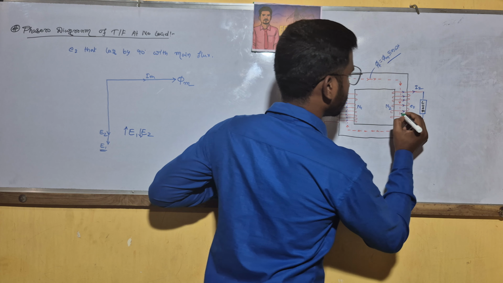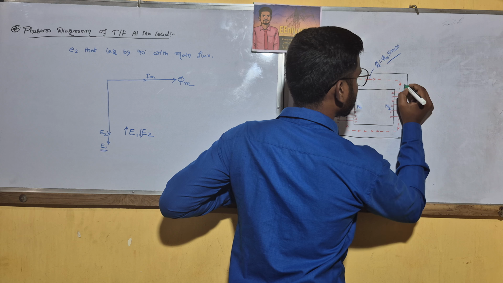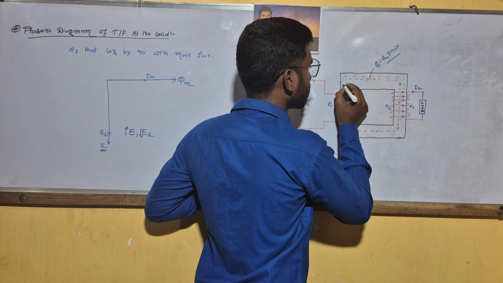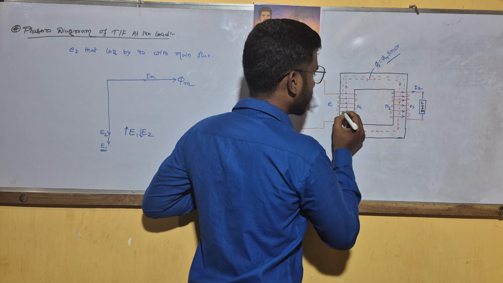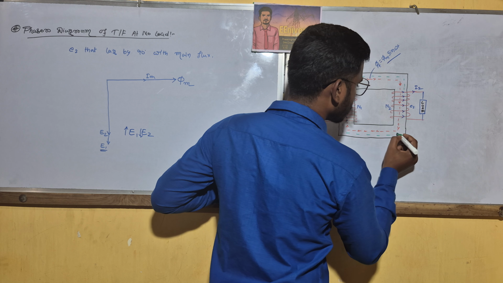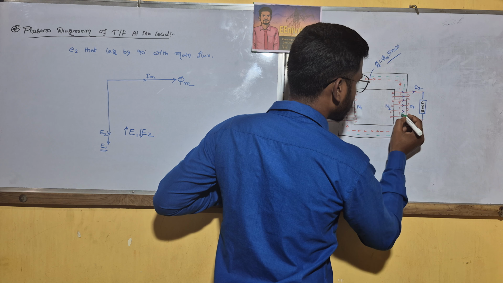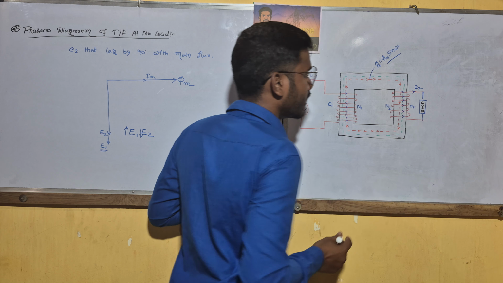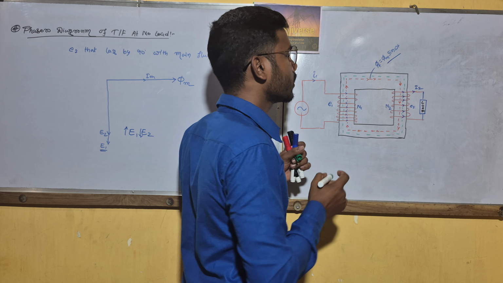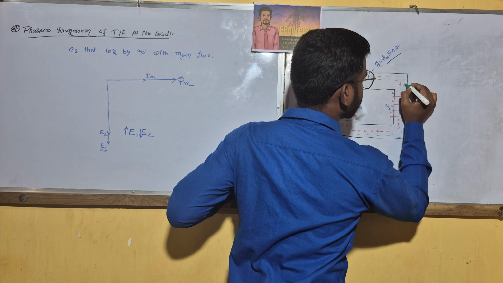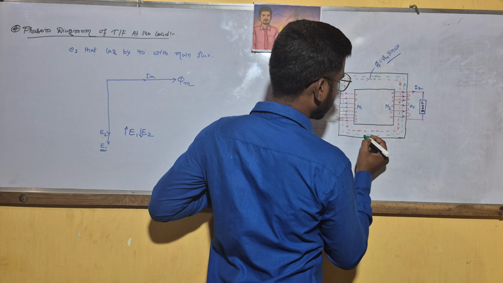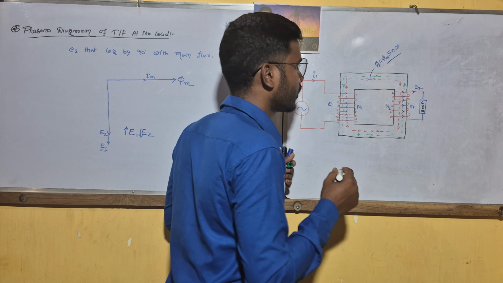So due to the current flowing in our secondary coil, a flux is generated. That flux opposes the main flux.